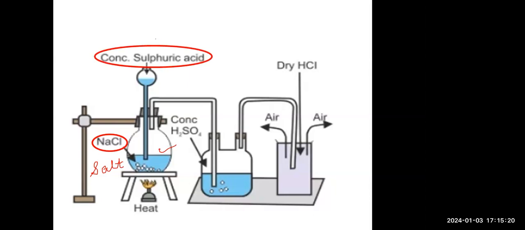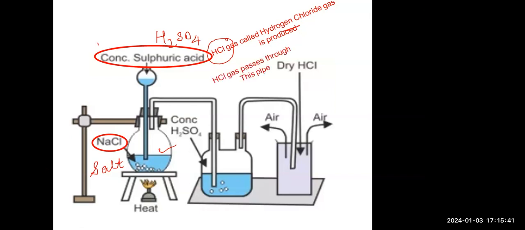And you are adding sulfuric acid, H2SO4, into it. So the reaction takes place between the two. Because of this reaction, HCl gas is produced, which is called hydrogen chloride gas. This gas is produced and it will pass through this pipe.